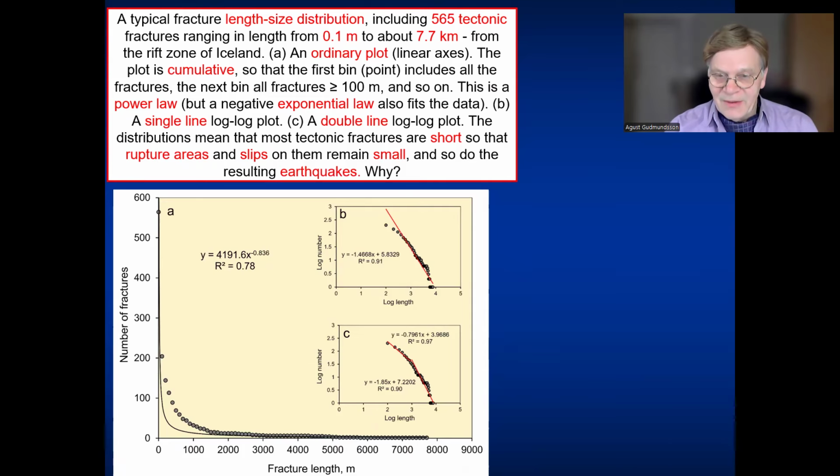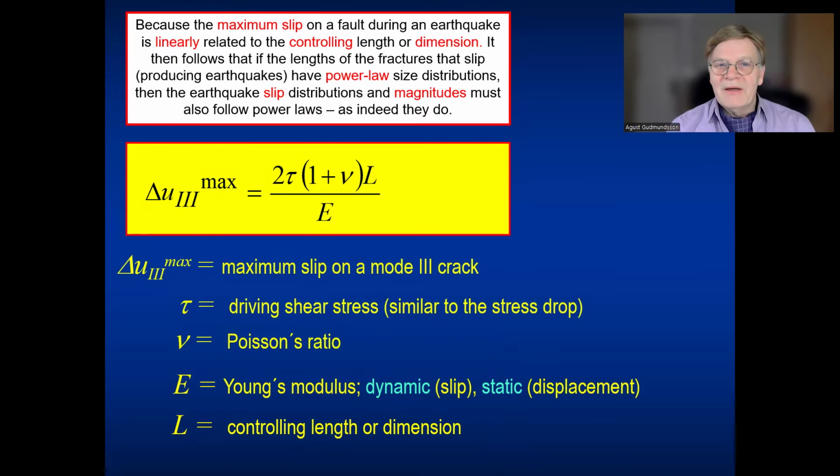Why? Well, because the maximum slip on a fault during an earthquake has a linear relationship with the controlling length or the controlling dimension. So here is the controlling dimension, L, controlling length or controlling dimension.